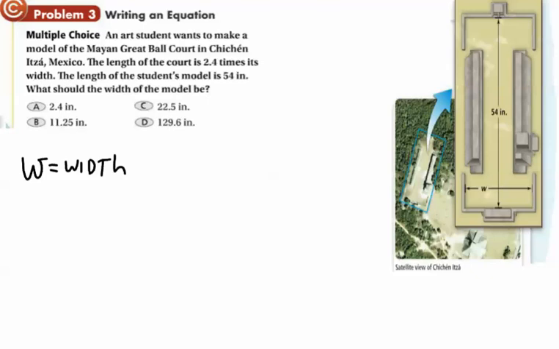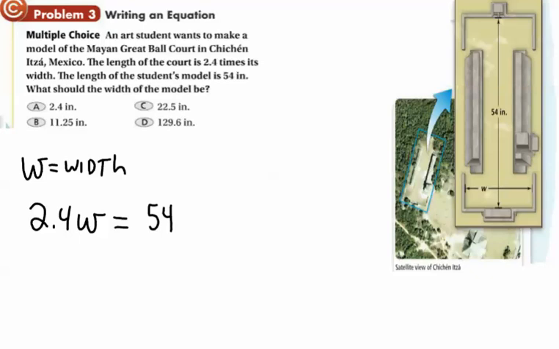I believe 2.4 times the width is equal to the length. So 2.4 times the width is equal to 54. Okay, so 54 inches. So that's what I got.